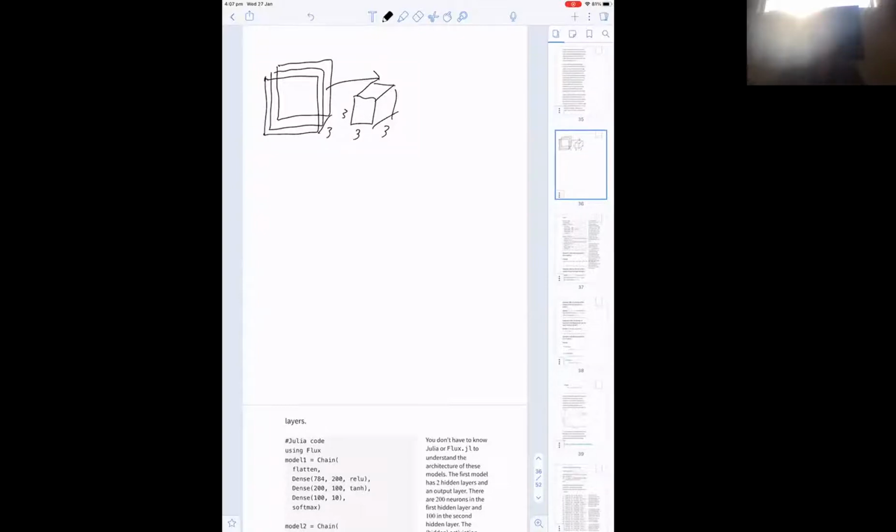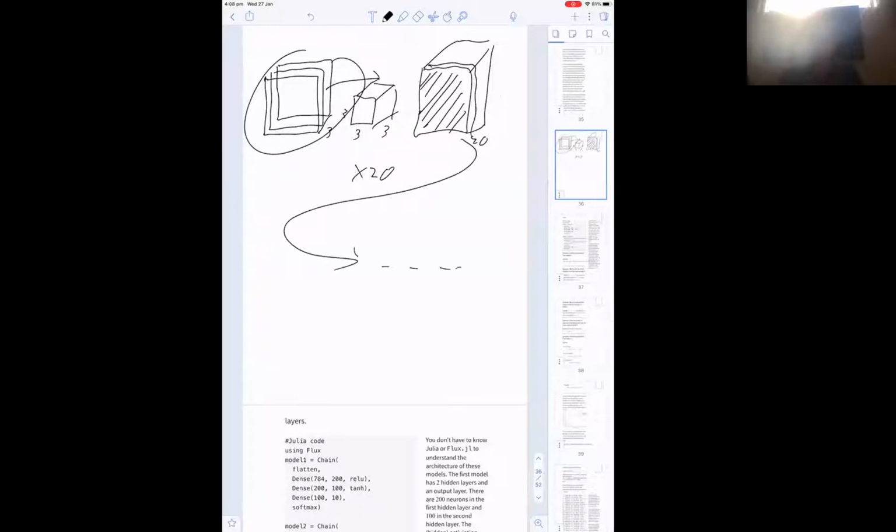We could have run 8 or 9 or 20, and then we would get a volume that would have a depth of 20, if there are 20 such filters, where each channel corresponds to the application of a filter on the original image. Then the story would continue to the next layer, and the next, and then we might have some dense layers and finish with that.